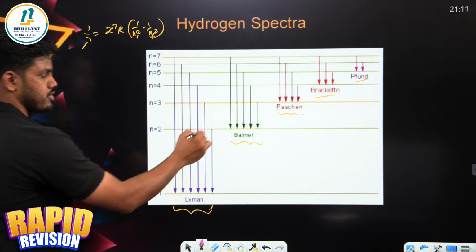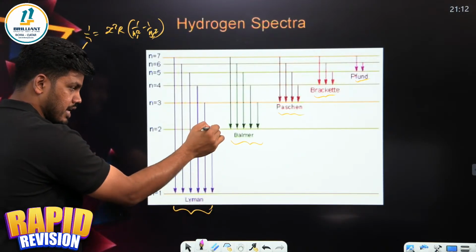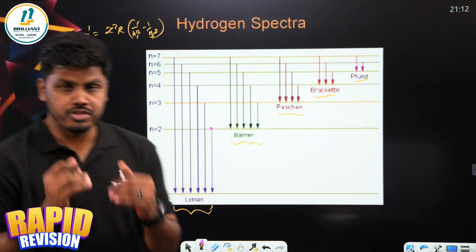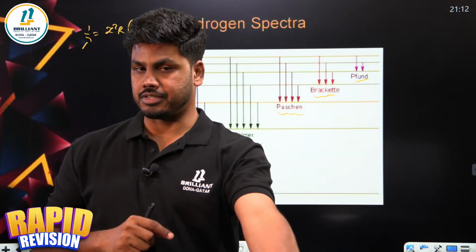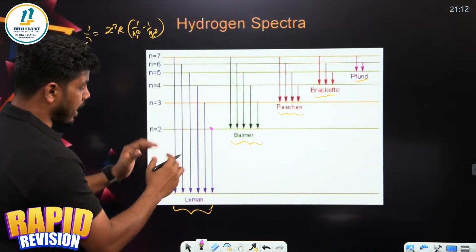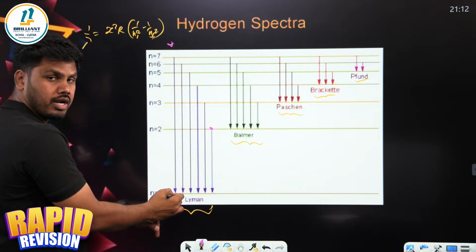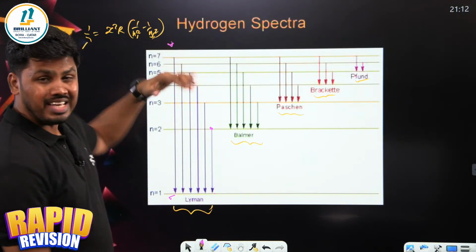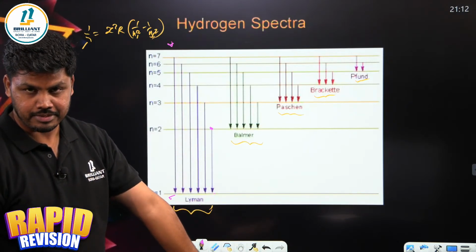Minimum energy transition is the nearest one; if it is Lyman series, second to first is the least energy transition. Least energy transition means least frequency transition, most wavelength transition. Then highest energy transition is from infinity to N is equal to 1 for Lyman, the upper limit of Lyman, highest frequency, and that will be the lowest wavelength.